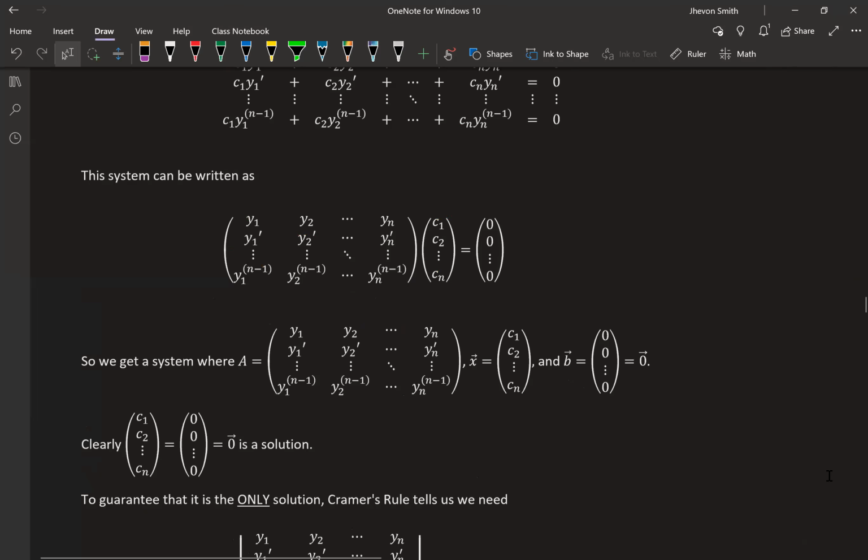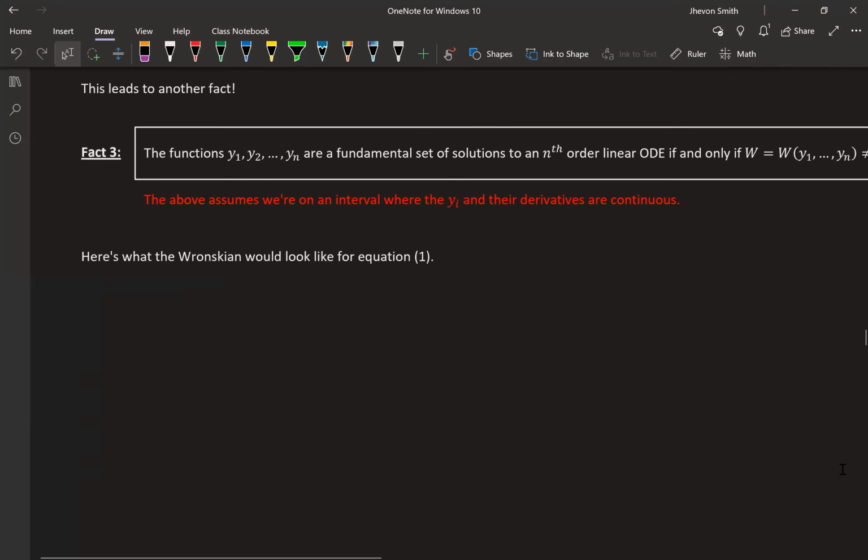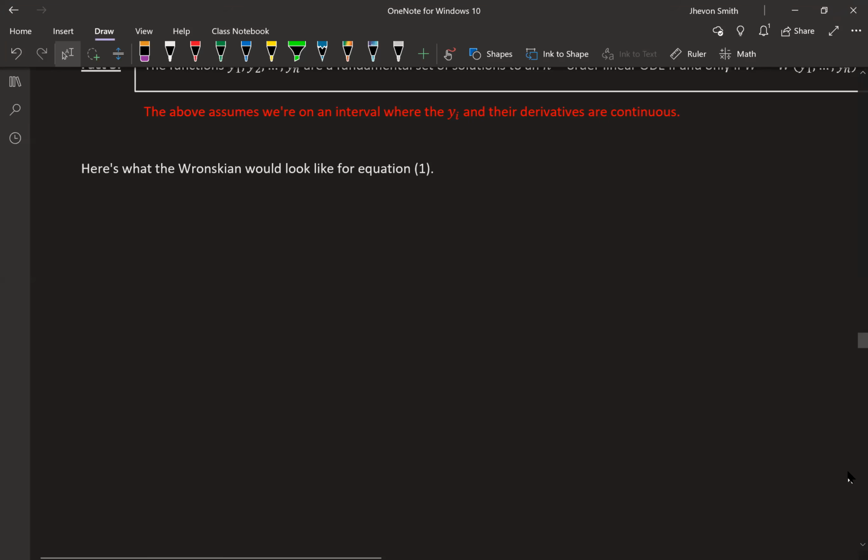So here's what the Wronskian would look like for a second-order ODE. Equation 1 here, I'm referring to p y double prime plus q y prime plus r y equals 0.